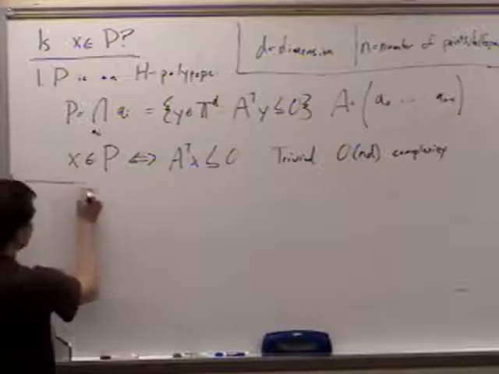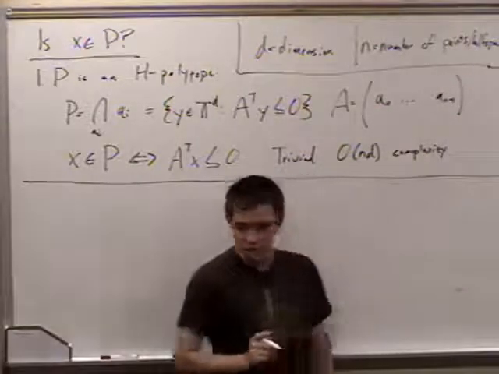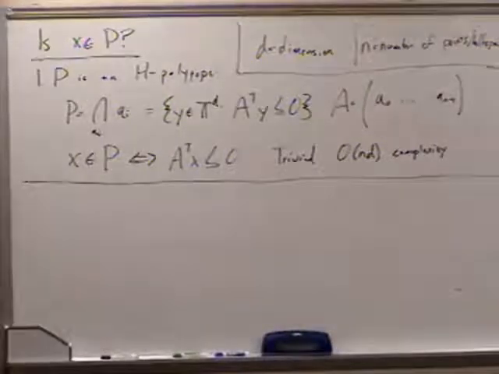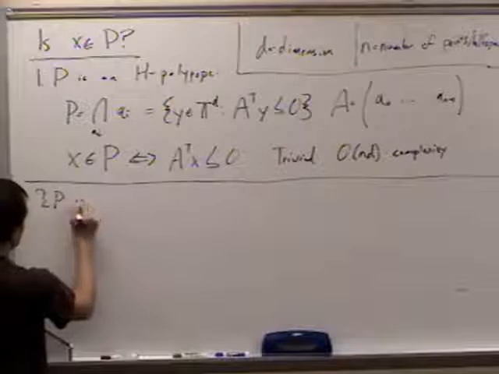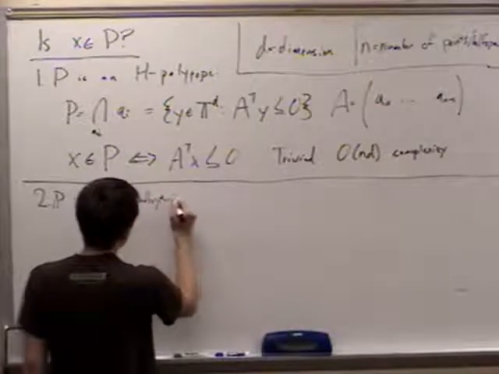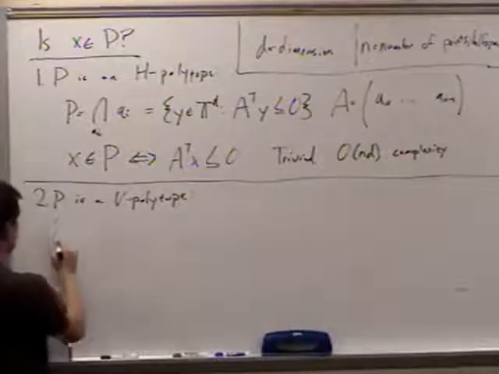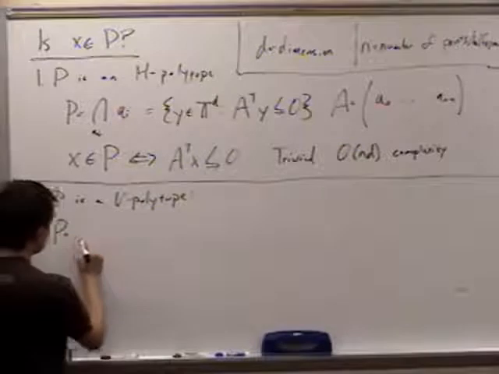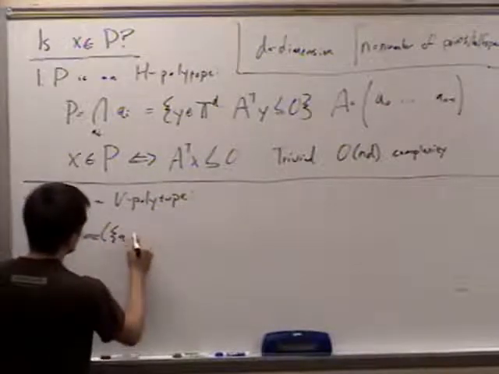Now, what happens if P is a V-polytope? This is a much harder question, it turns out, and the one which we're going to be looking at today in detail. So the second case, P is a V-polytope. And here we have to do some work. If P is a V-polytope, then that means that P is going to be the cone of all these A_i, right?